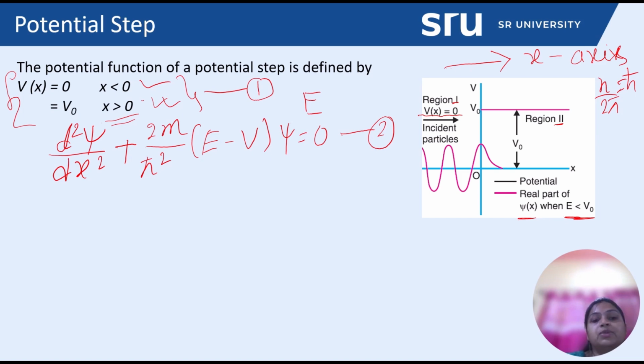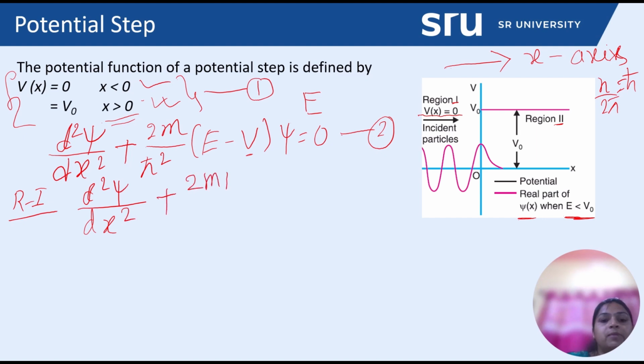Therefore for region 1 the Schrodinger equation can be written as d square psi upon dx square plus twice m E by h cut square psi is equal to 0.